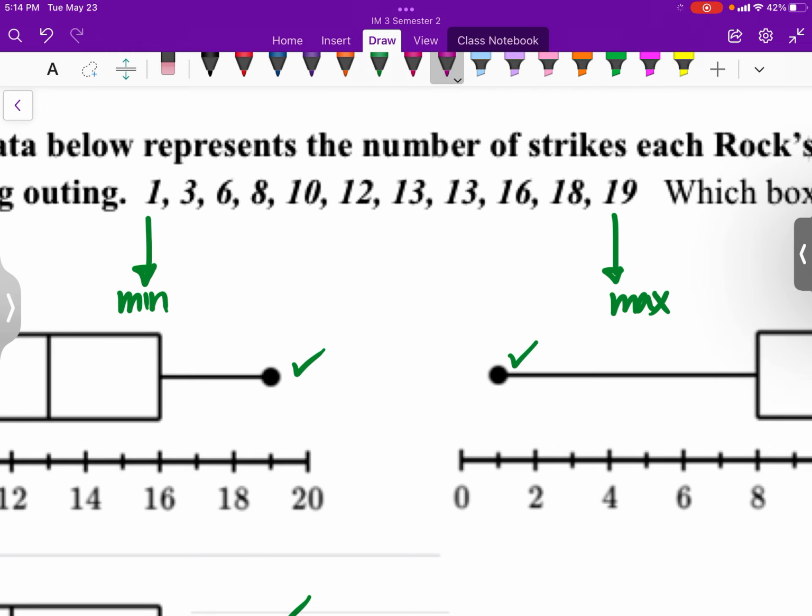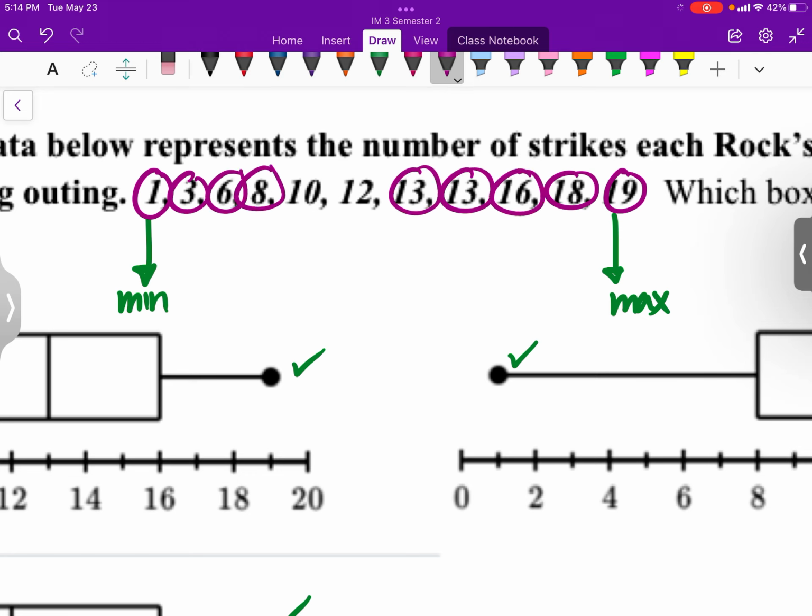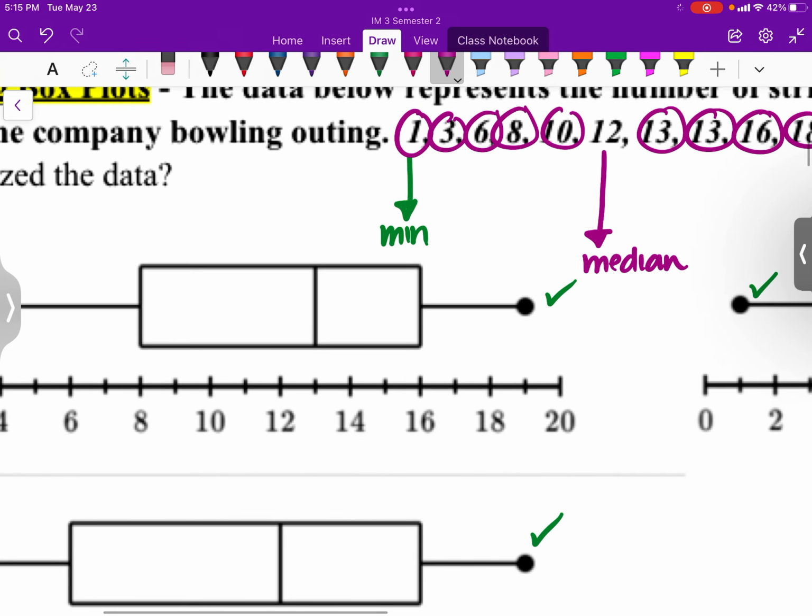Next thing I want to focus on is the median. We have to cancel each of the terms from opposite sides: 1, 1, 2, 2, 3, 3, 4, 4, 5, 5. This one is the median, 12. So let's check which one has a median of 12.